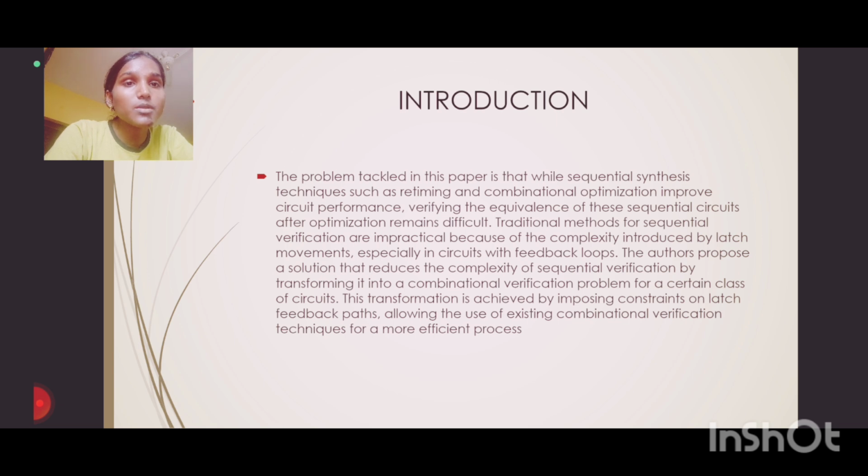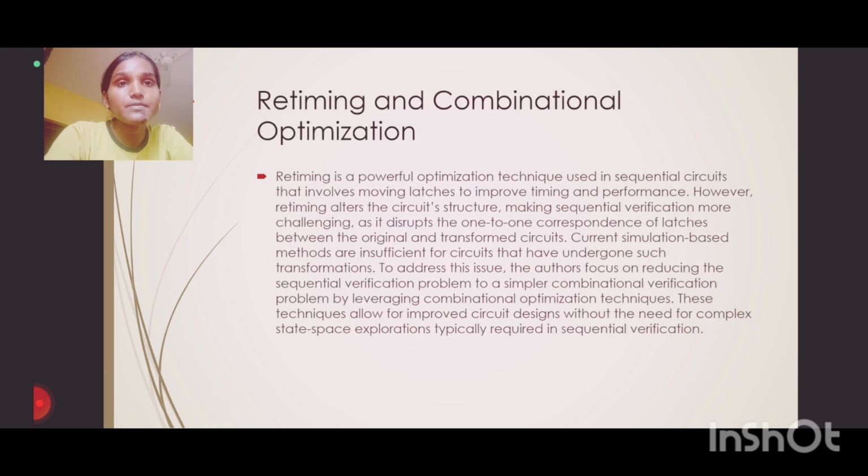The authors propose a solution that reduces the complexity of sequential verification by transforming it into a combinational verification problem. For a certain class of circuits, this transformation is achieved by imposing constraints on latch feedback paths, allowing the use of existing combinational verification techniques for a more efficient process.